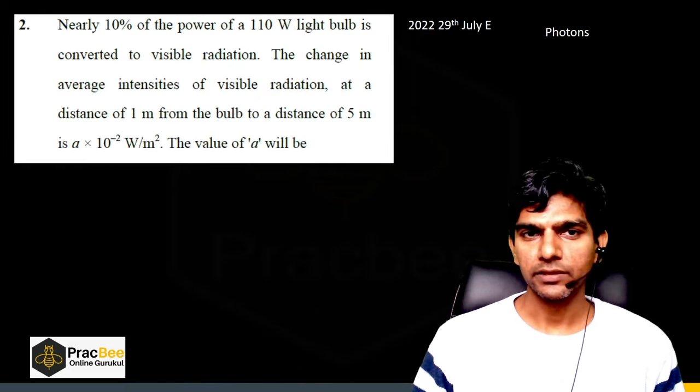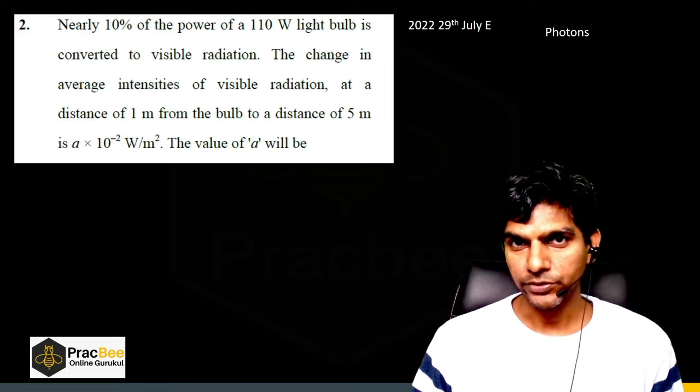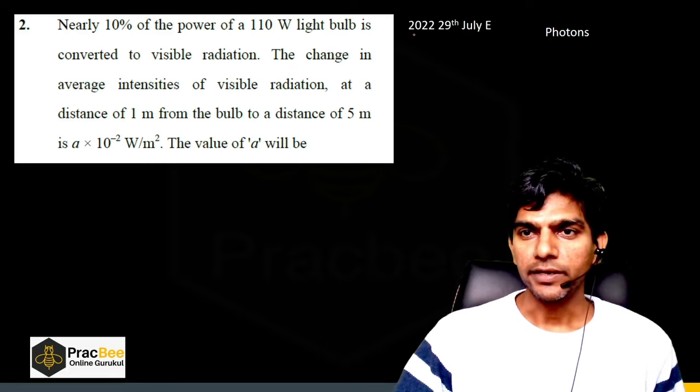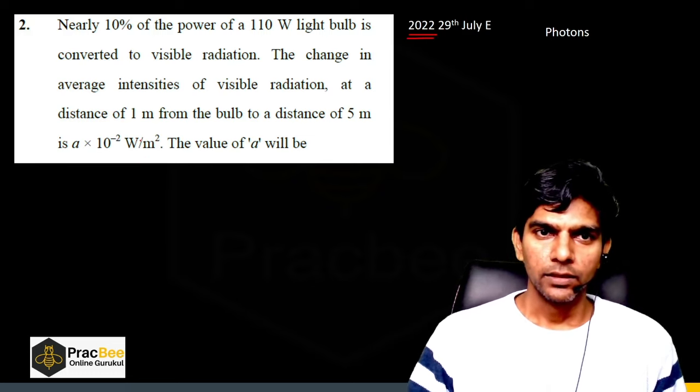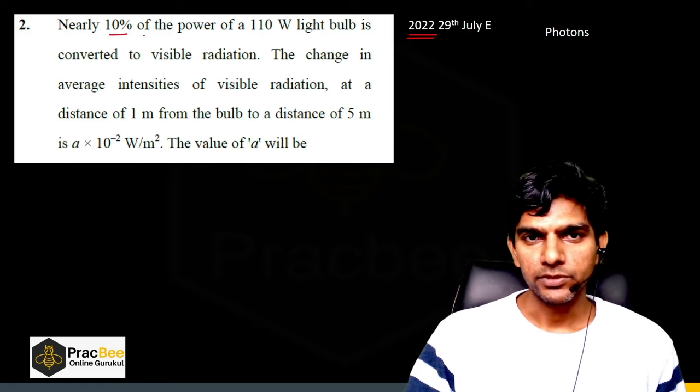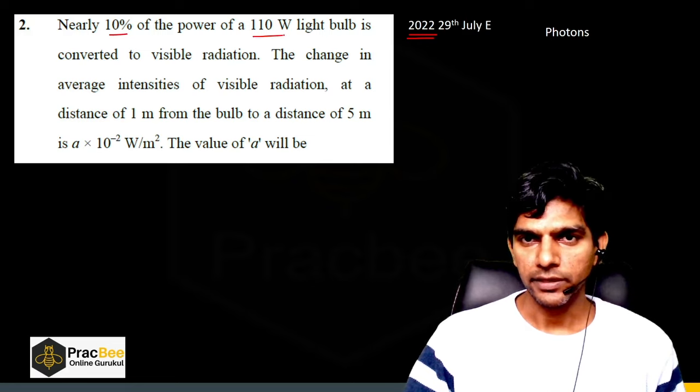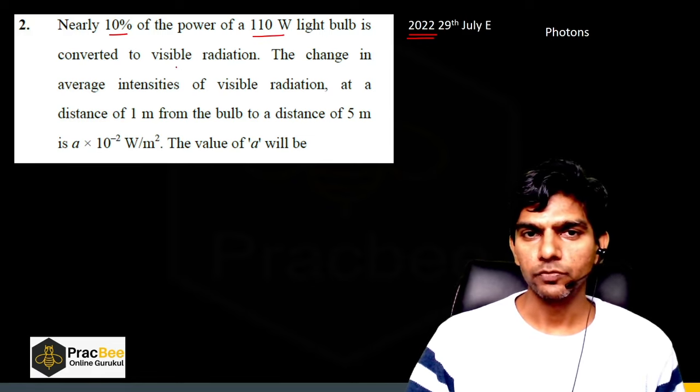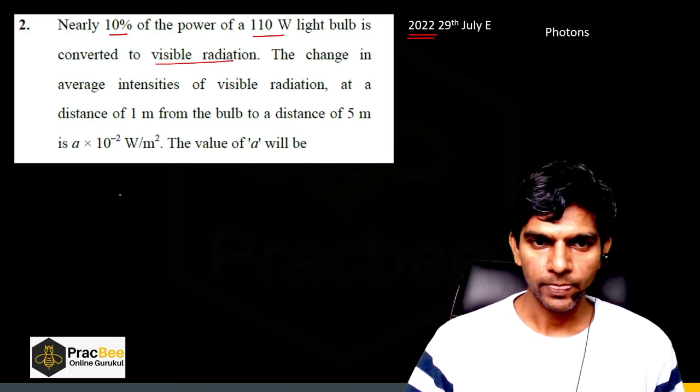Right. So now let us see another illustration. Again, pause the video, try to solve this question on your own. It came in 2022. We are given that nearly 10% of the power of a 110 watt light bulb is converted to visible light. Now let us find the power of light energy. So it will be 10% of 110.